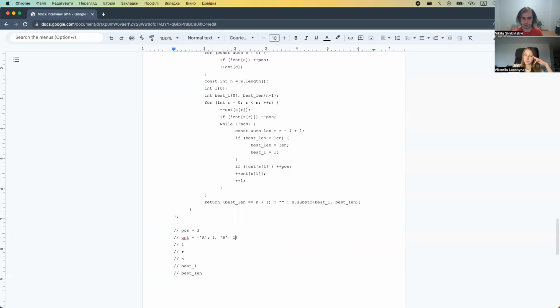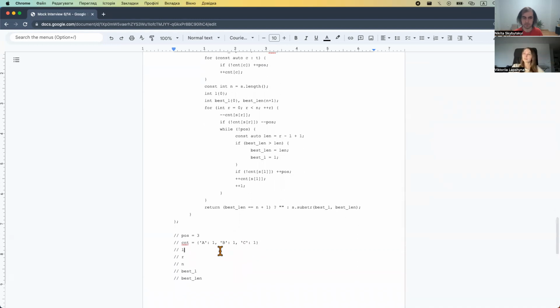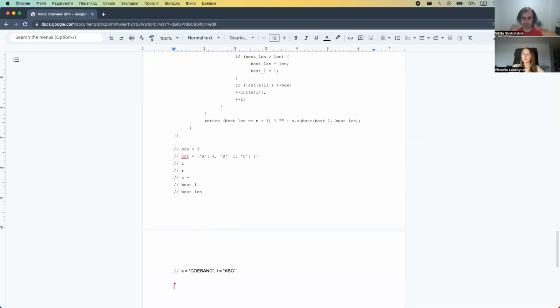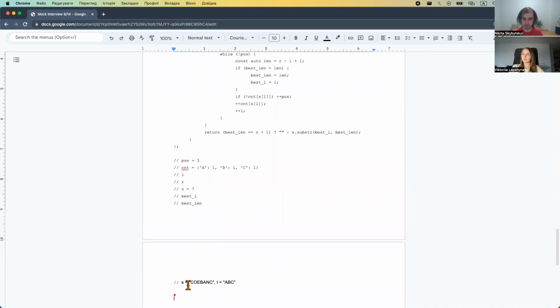Now the map looks like this, and positive is at 3. n gets initialized to like 8, I believe. No, 7. Okay. Left is 0, right is 0, best L is 0, best len is 8.